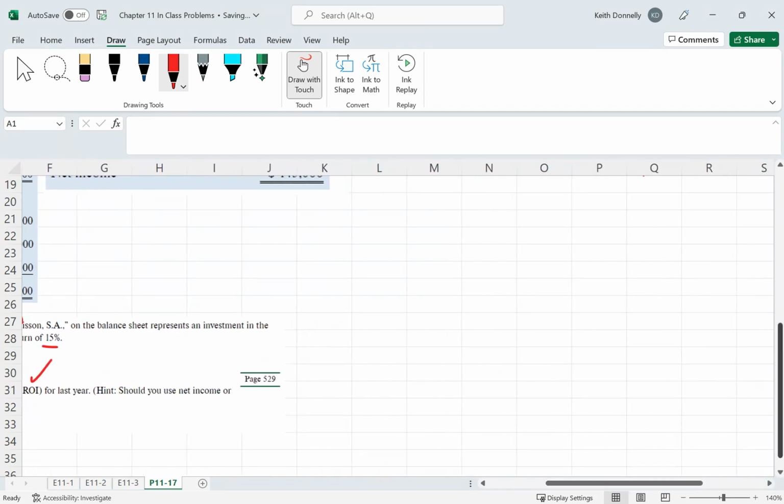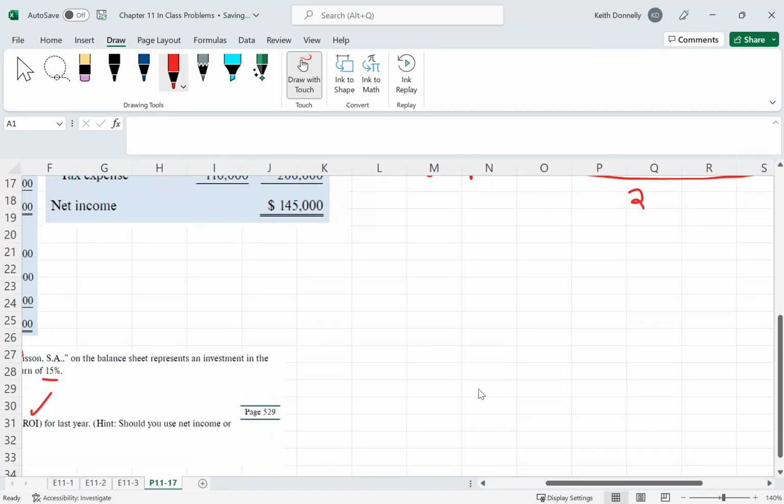We have basically 3 things we have to calculate here. So for 2, we got to figure out margin, turnover, and return on investment. So margin, we just saw this a little bit ago.